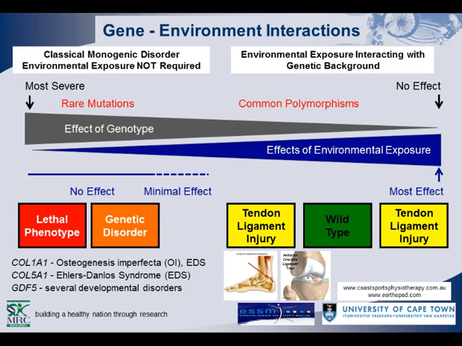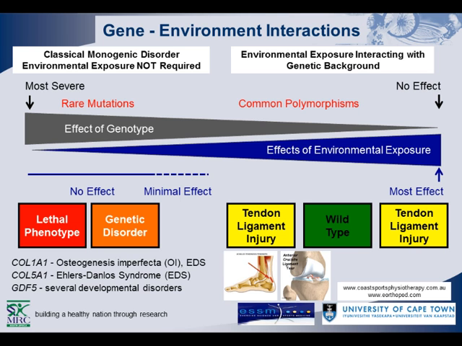So if we look at the individual and all the different polymorphisms, we think there's a genetic continuum, in that at the extreme end, you have severe mutations which are rare in the general population, and they can result in a lethal phenotype, as I mentioned, the COL5A1 mutations.